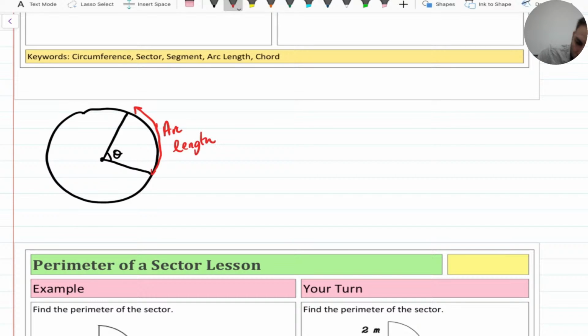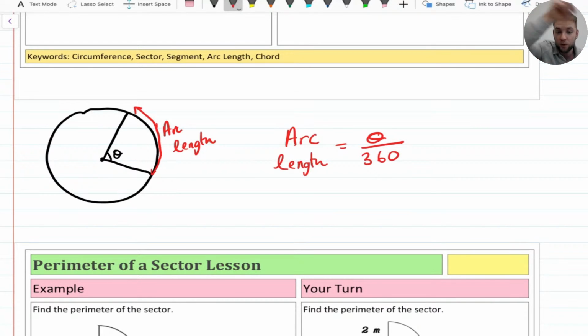And in a very similar way to the way that we find the area of a sector, to find the length of the arc, your arc length is equal to theta over 360 times the full circumference, because I'm finding the length of this, which is going to be times 2 pi r, which is our circumference.